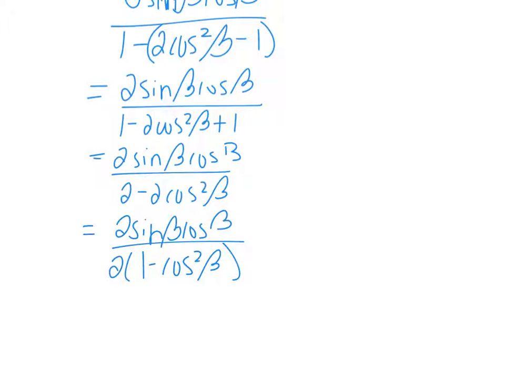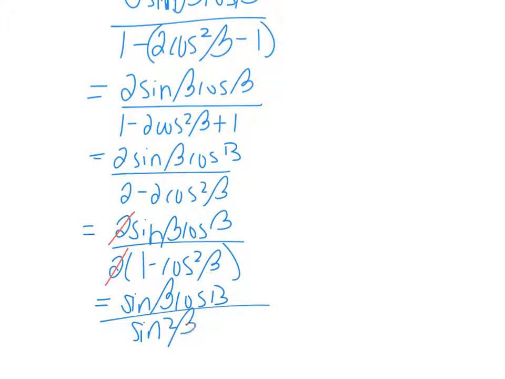And nicely it does. So now we're down to sine beta, cosine beta, and then 1 minus cosine squared beta, which hopefully is ringing a bell, a Pythagorean identity. So we have sine beta, cosine beta, all over sine squared beta.